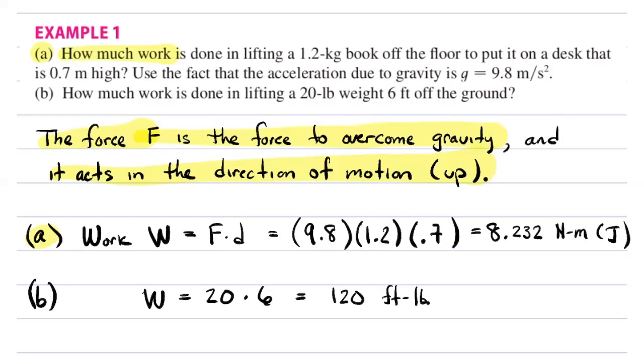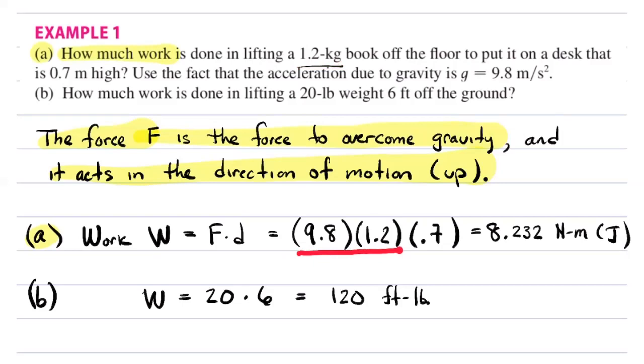Okay, well, work is force times distance. The only little rub here in this example is that you should not use the mass in kilograms as a force. The mass in kilograms, that 1.2, needs to get multiplied by the acceleration of gravity, which the author is asking us to use 9.8 meters per second squared. So together, the acceleration of gravity and the mass give you the force.